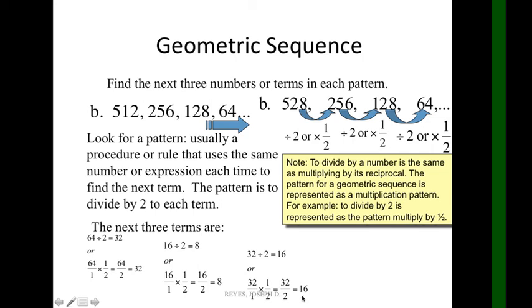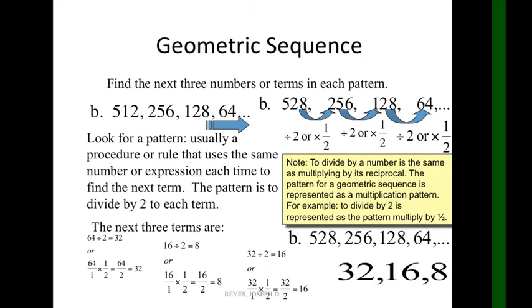For the third, we have 16 divided by 2, 8, or 16 times 1 half is 16 over 2, or 8. Therefore, the next three terms after the sequence 512, 256, 128, and 64 are 32, 16, and 8.